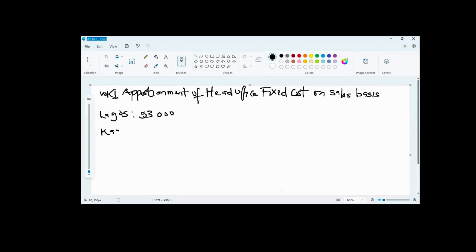Kano sales is 23,000. Gombe sales is 24,600. Enugu sales is 29,400. Total sales for the whole division is 130,000. Now I need to calculate the apportionment rate per sales.